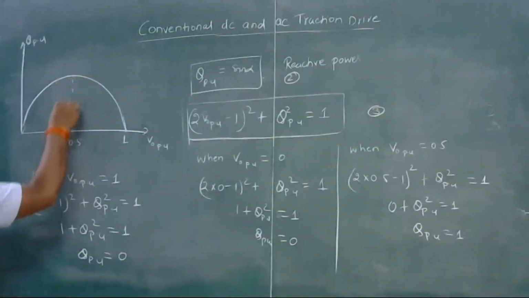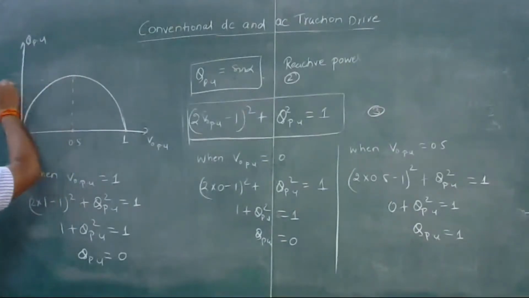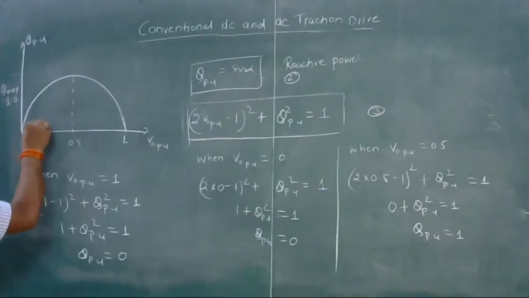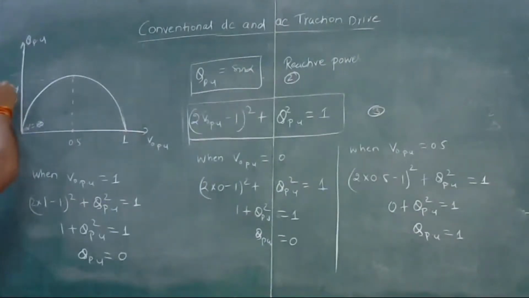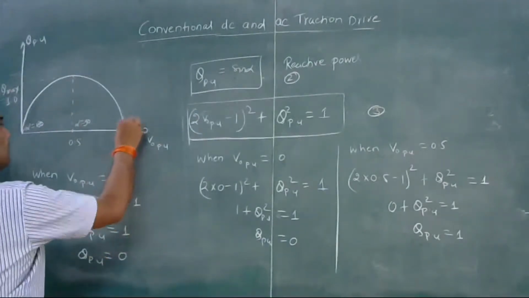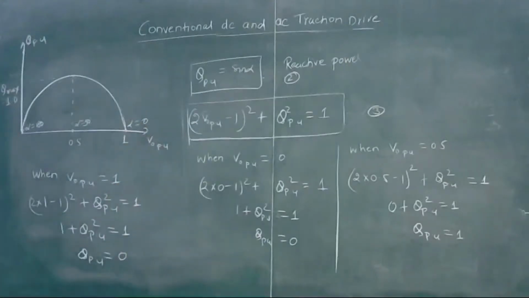Okay. So at 0.5, this will be Q maximum, it is 1. Here alpha is equal to 180, and for Q max alpha is equal to 90, and here alpha is 0. Okay, so this is the plot between V per unit and Q per unit.